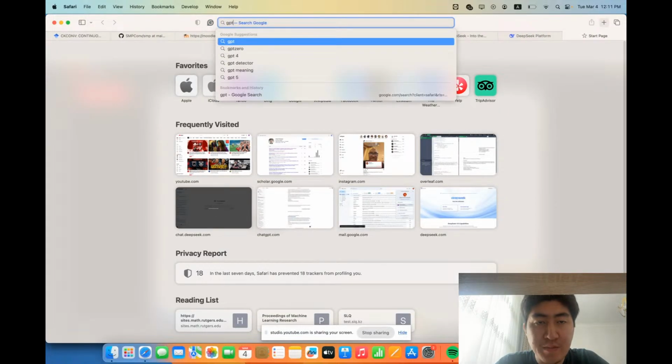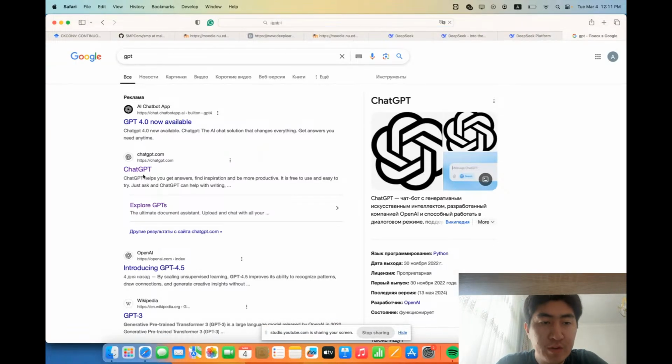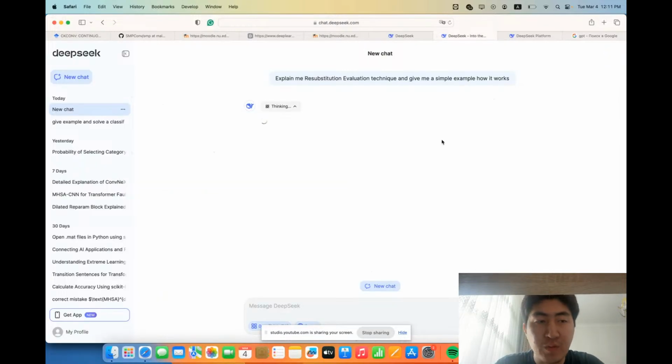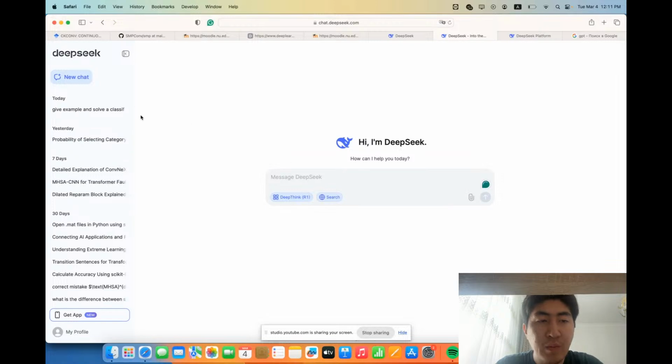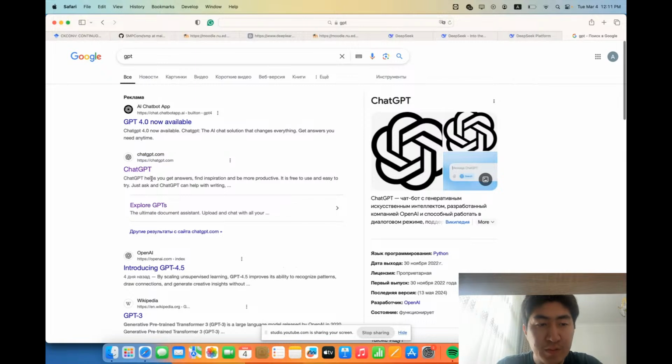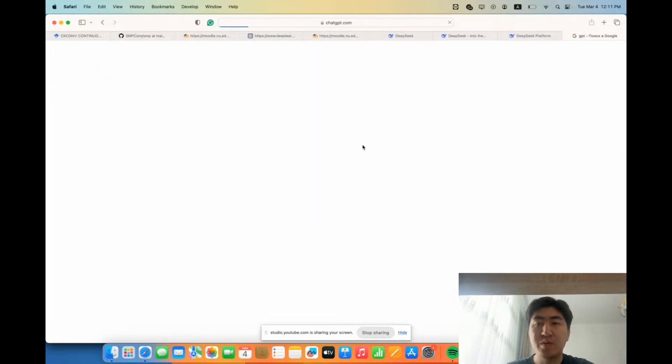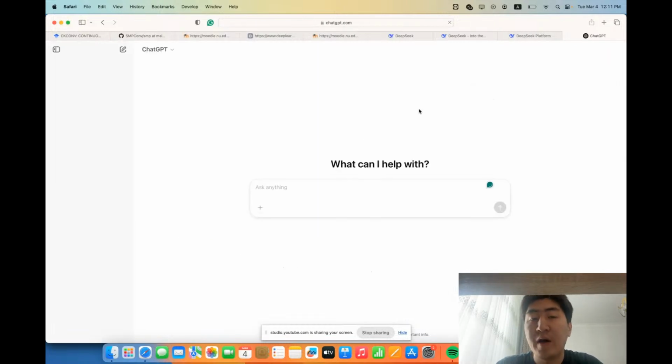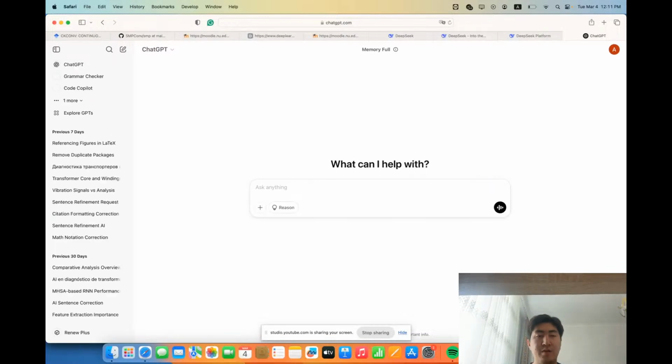Okay, let's ask ChatGPT at the same time how it works. All right, so DeepSeek doesn't want to work now. It's very strange. However, it's not that strange. It means that DeepSeek always experiences some kind of problems. I would love to buy a pro version of DeepSeek so that I could use it more.